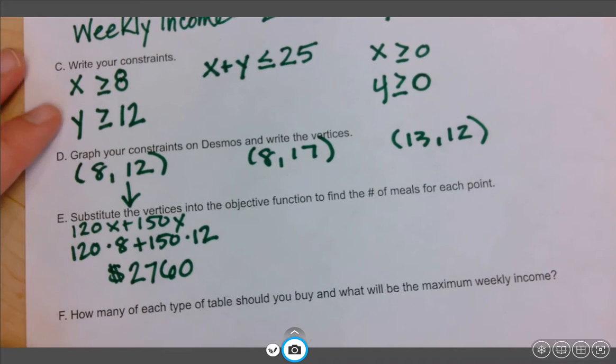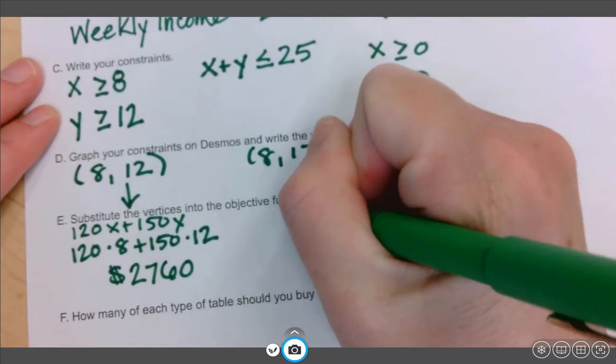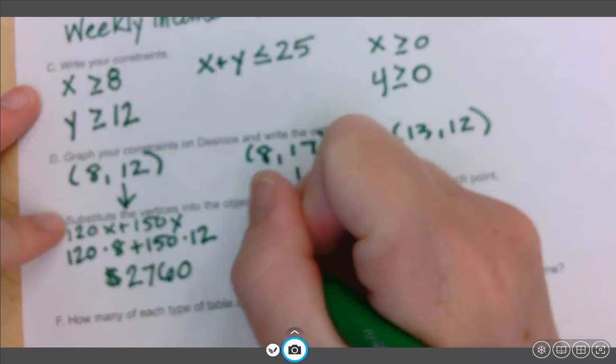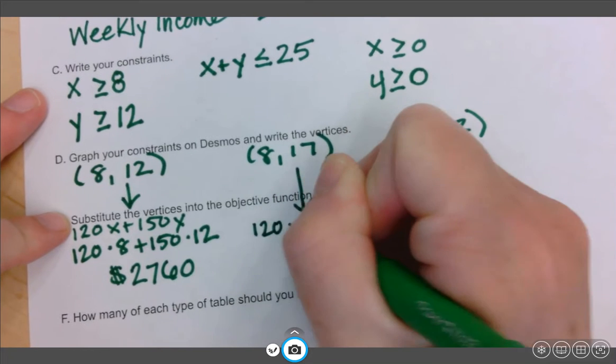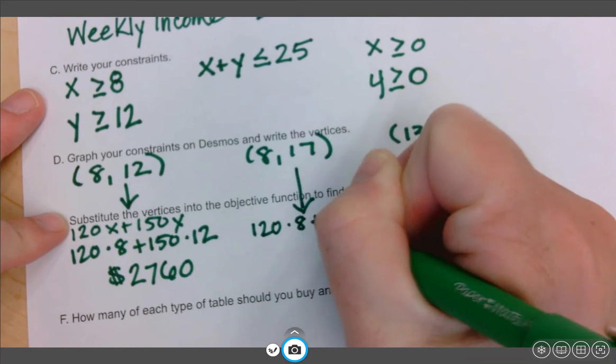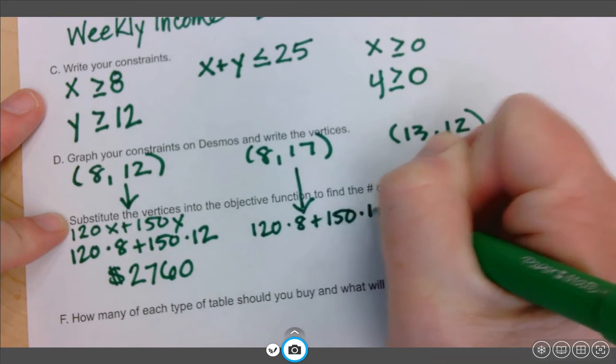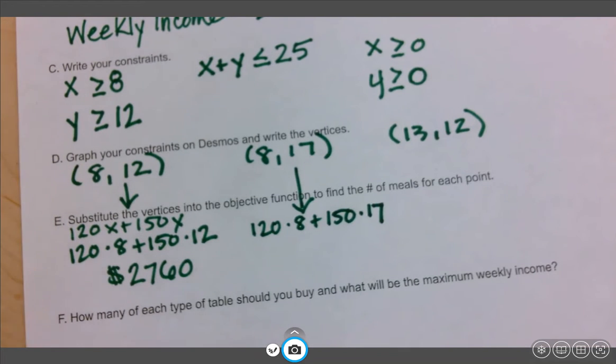And now I do the next point. And feel free to work ahead because you guys know what to do here. 120 times 8 plus 150 times 17. Can anybody predict if that's going to be a larger or smaller answer? It should be larger, right? Because they're both making 8 dinner tables, but this one is making more coffee tables.